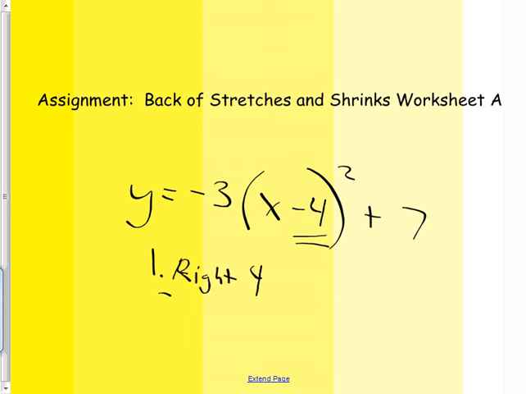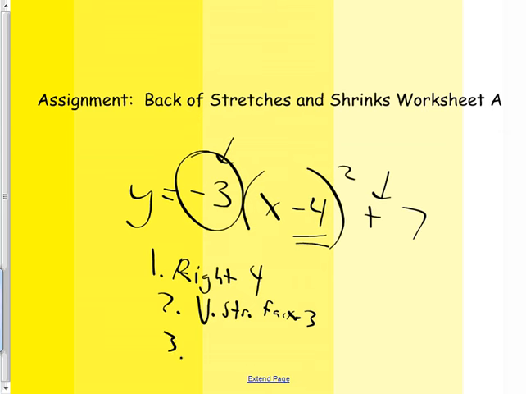Right 4. Number 2, I move to the outside. And of these two things, they're going to be first because they're multiplies, and that's an add. Of these two things, you remember the gymnastics reference I gave you? Stretch before you shrink. Now, you can actually reverse those, and I would accept it, but I think you should do the stretch, and that is a vertical stretch of factor 3. And the other part of that is the flip.